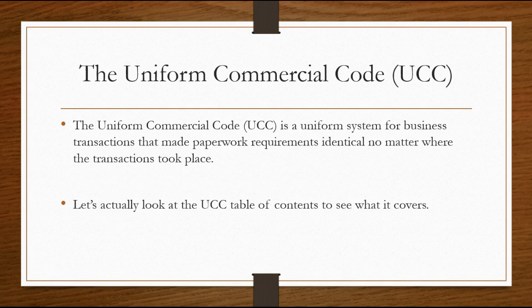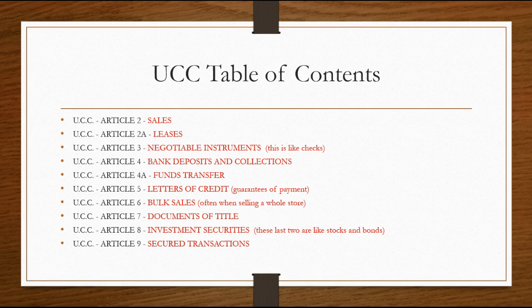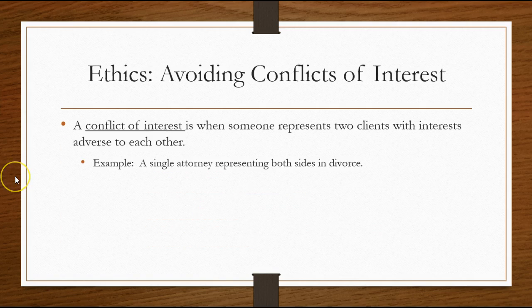Okay, so the Uniform Commercial Code talks about certain types of contracts. So let's look at the table of contracts. Sales, leases, checks, bank deposits, property sales. So it kind of gives you the sense that there's even more than what we talked about that might have to be in writing.